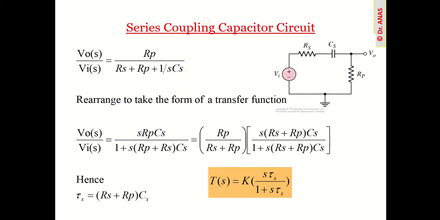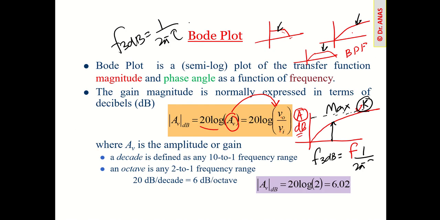What is tau? We will see very soon. Similarly, for the low pass filter, that is the cutoff frequency. We usually call this F high, and this is usually called F low.